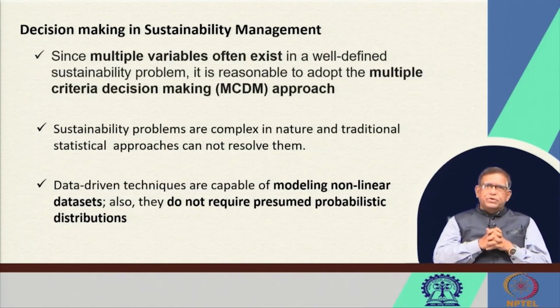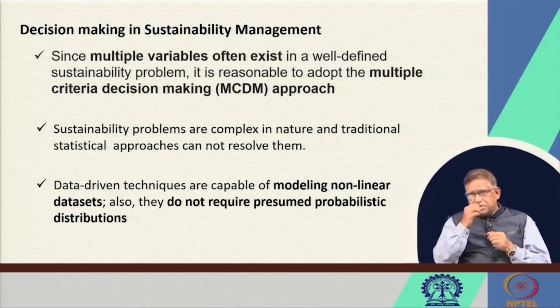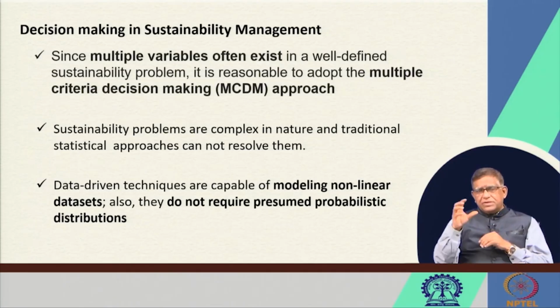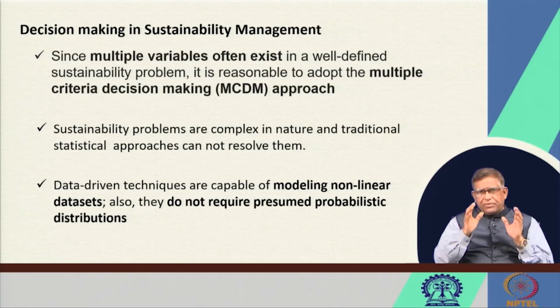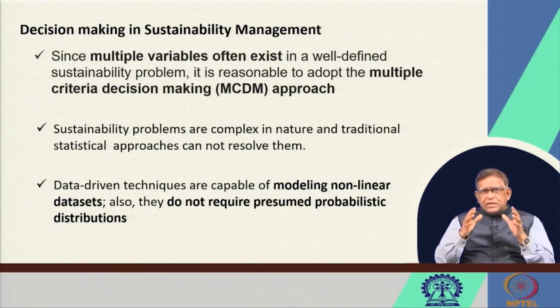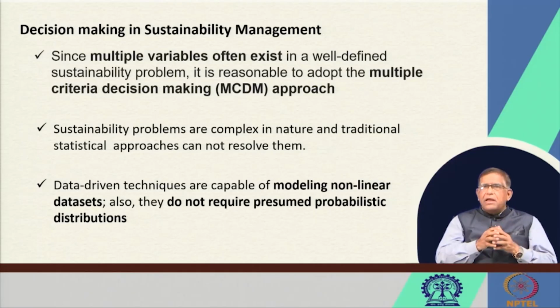Whenever we use normal statistical methods, like regression and probability, there is always some distribution pattern, whether normal or Poisson distribution, with certain assumptions and probabilistic distributions taken, but in real life that may not hold.